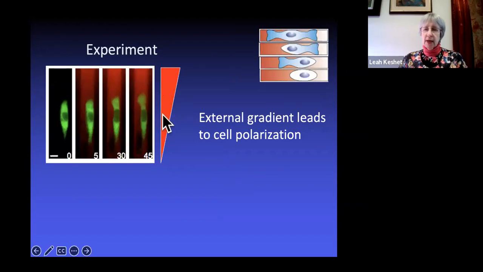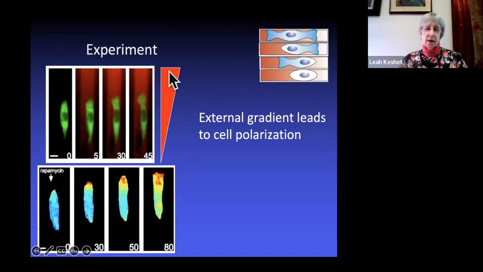So the external gradient caused cell polarization, and he examined different initial cell states, either cells that were initially polarized, not polar, polarized in the wrong direction, etc. And he showed that, in fact, the external gradient gives rise to this internal gradient of GTPase. In this case, it's RAC, but you can see that there's high RAC activity that is caused by the external gradient.